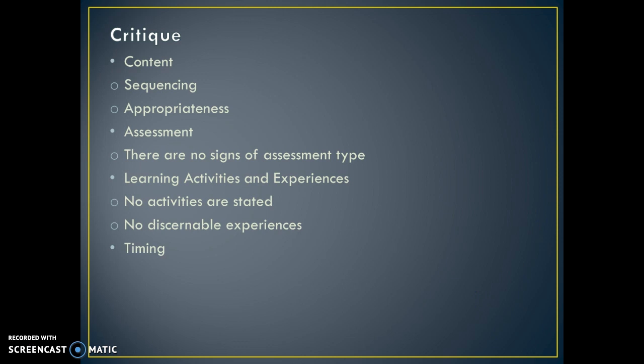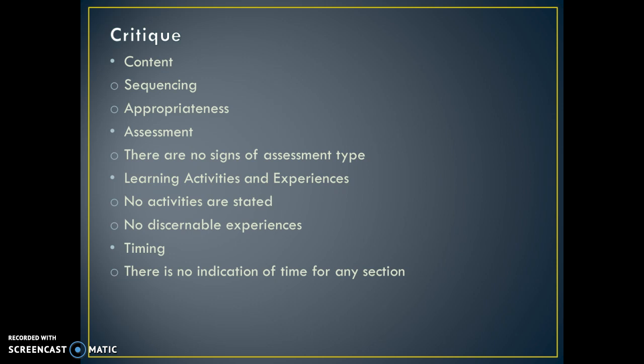Next is the timing. Once again, there is no indication of time for any section throughout the entire curriculum map. There is no timeline whether you spend a week, 2 weeks, a whole semester on a unit, or if it's a mixture of everything all at once.